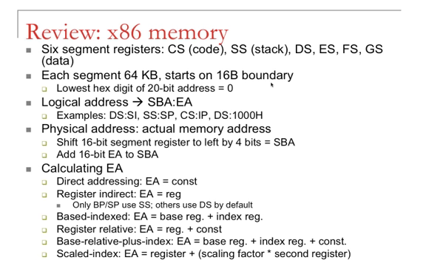The second case is the so-called register indirect addressing mode. In that case, you will see a pair of brackets, and within the brackets you have one register. The register could be SP, BP, or SI, DI, all these pointer registers or index registers.